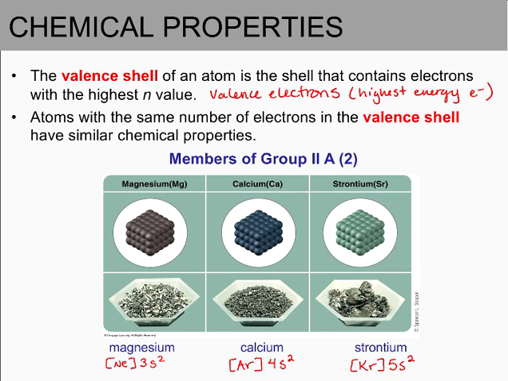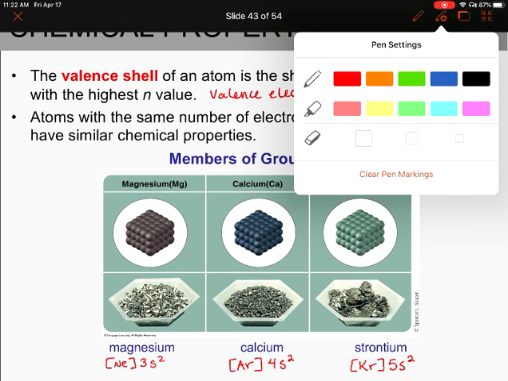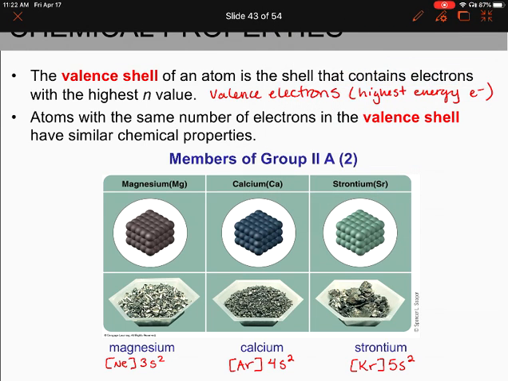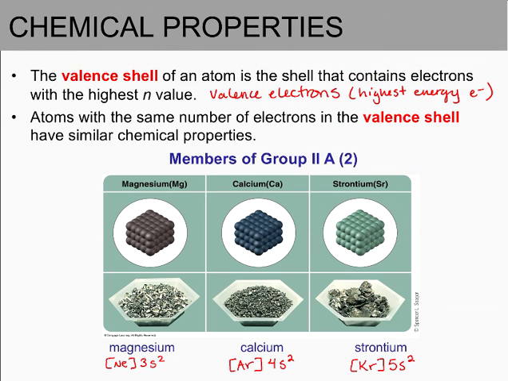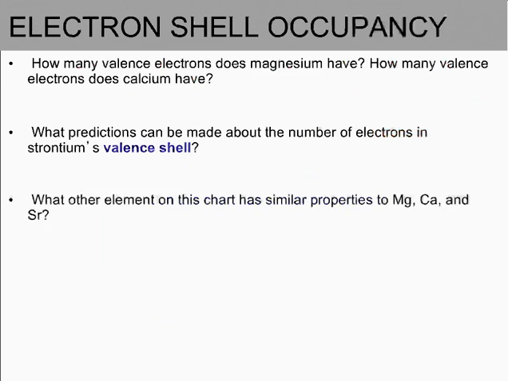Now, you might have noticed that there are some similarities here with these electron configurations. So you'll notice that each atom or element has two electrons in an s orbital. So that leads us to the question, how many valence electrons does magnesium have?